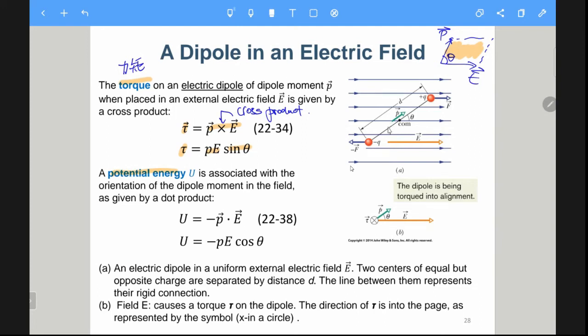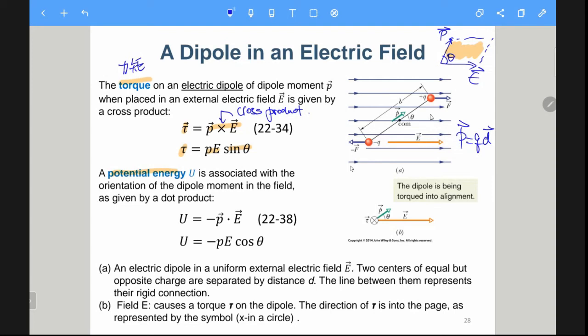So we know that the dipole moment P is defined as P equals Qd, if you still remember. d is the distance vector from this point to this point, and Q is the charge here.